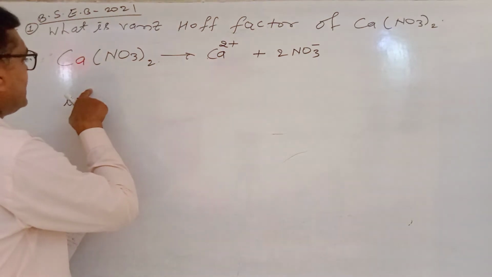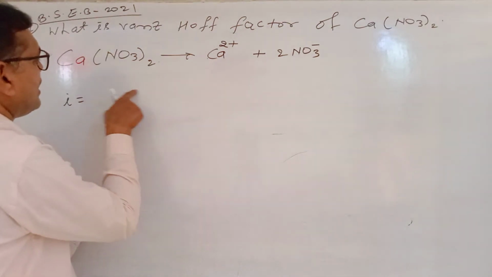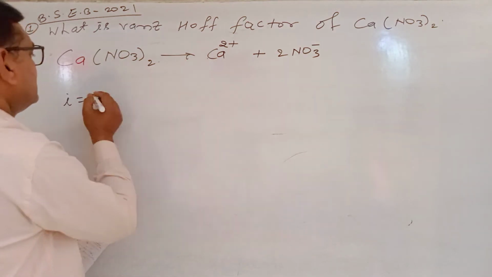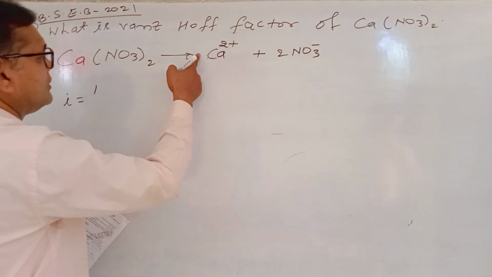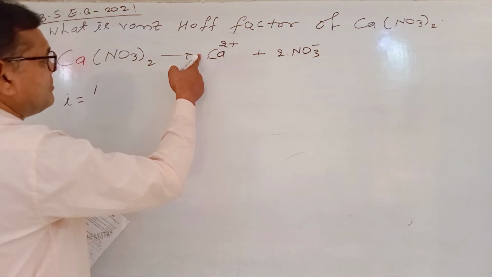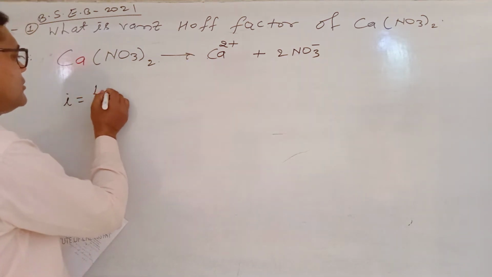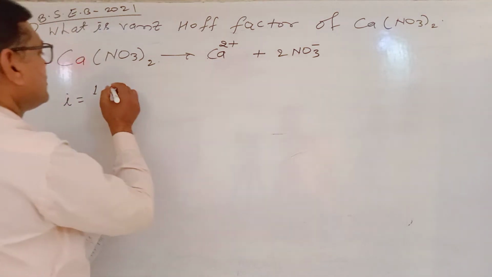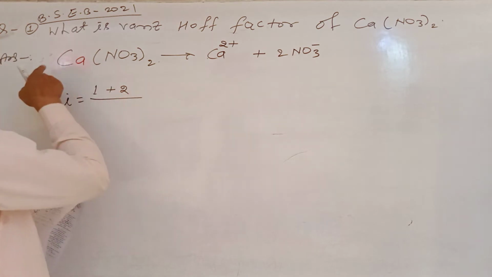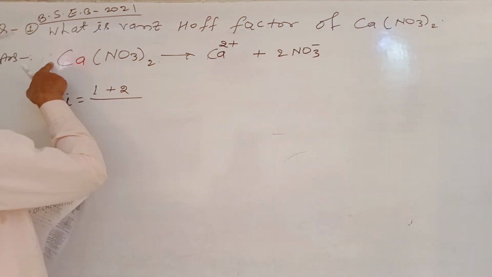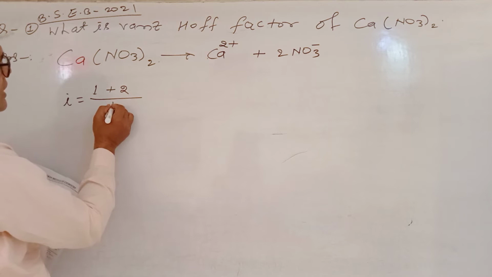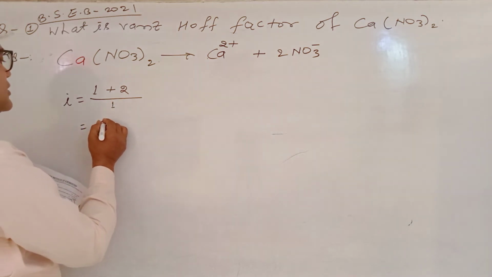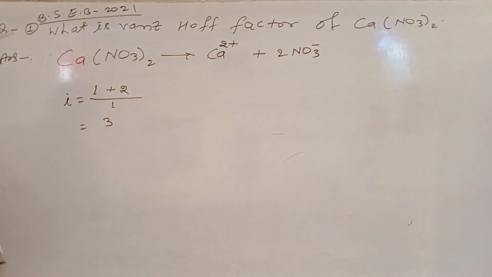Here we write total number of ions in the solution. We write 1 ion of calcium in the solution. Therefore, we write 1. The number of nitrate ion in the solution is 2. Therefore, we write 2. And number of calcium nitrate is 1. Therefore, we write here 1. We explain and solve. The answer will be 3.